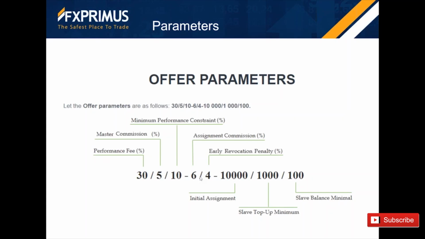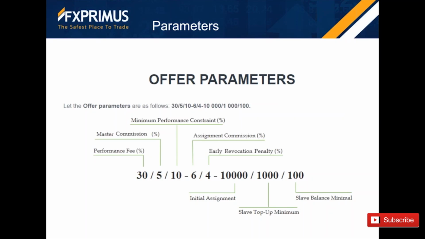Assignment commission. This is when somebody joins the account, then he will have to pay 6% of the money that he has joined with to the master. The lower this amount, the better, because you can attract more and more investors.